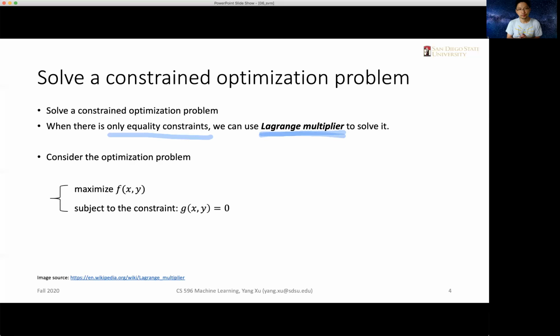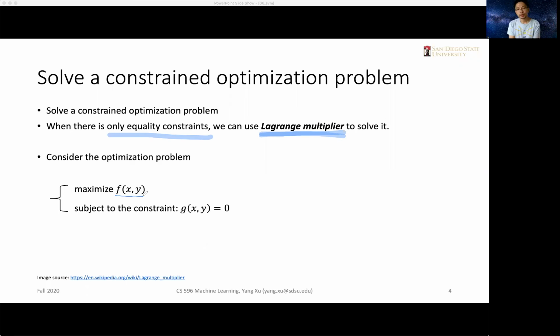For example, we want to maximize some function f of x and y. So x and y are the variables. You can think of them as theta or w or b. They are just the parameters that can change, and we want to find the x and y that make the function f have a maximized value.